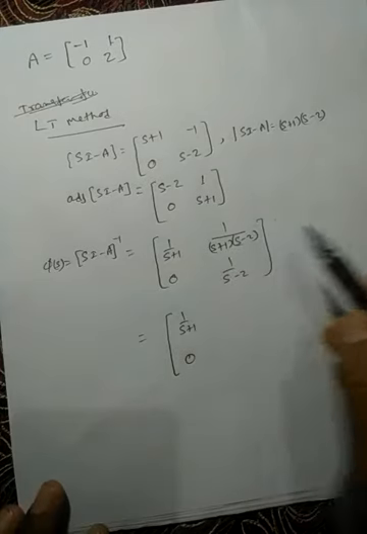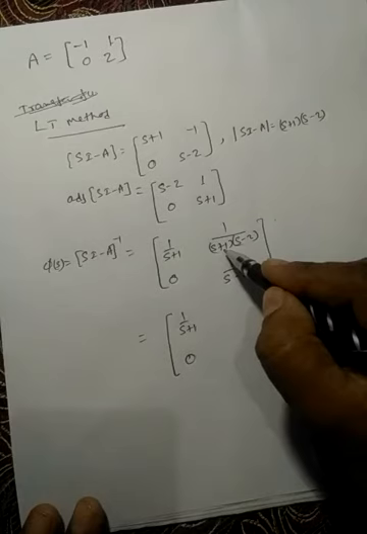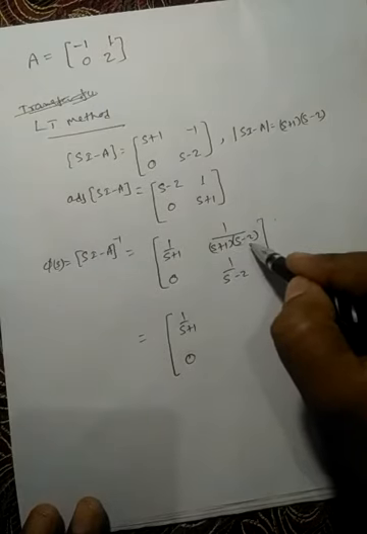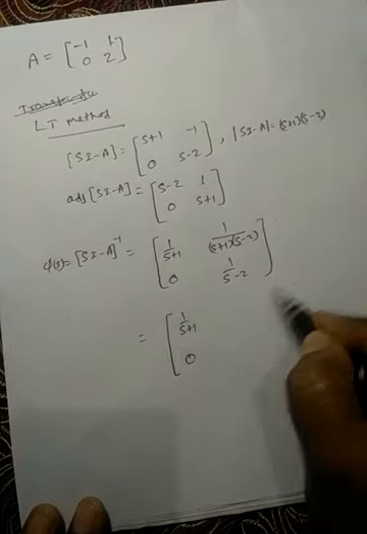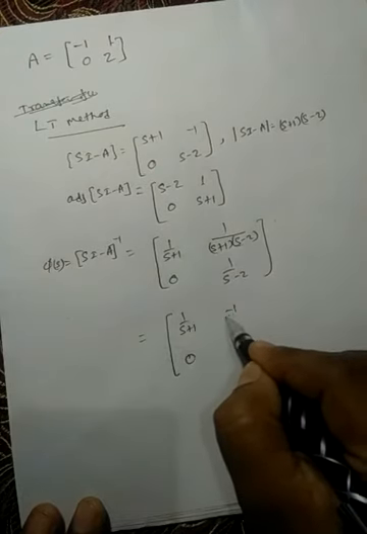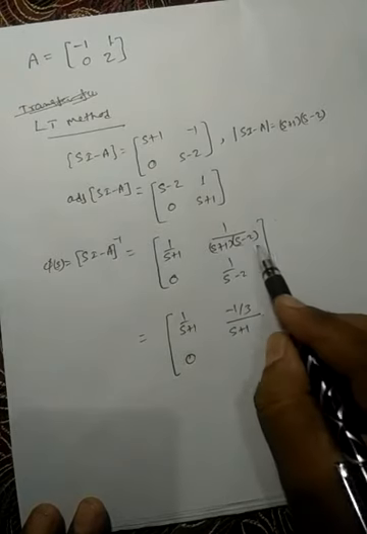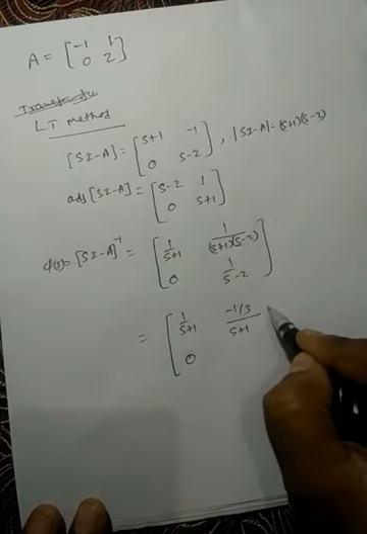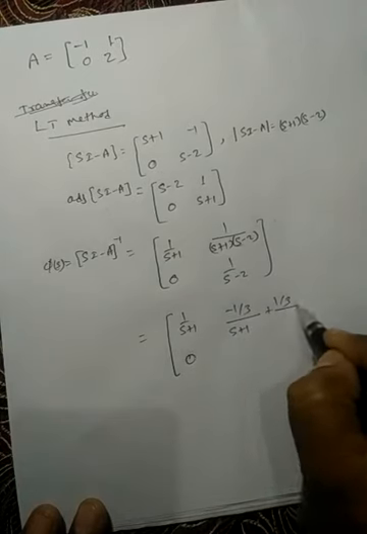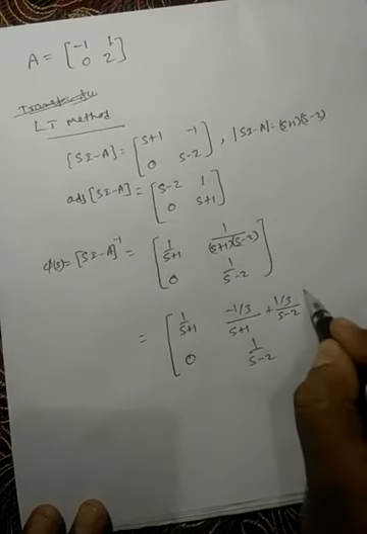And after partial fraction, we'll get [1/(s+1), (-1/3)/(s+1) + (1/3)/(s-2); 0, 1/(s-2)].